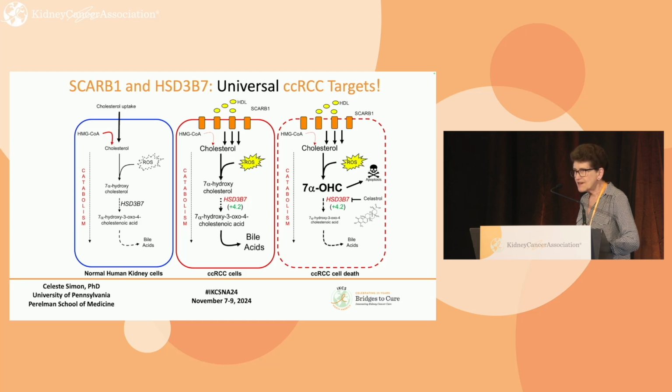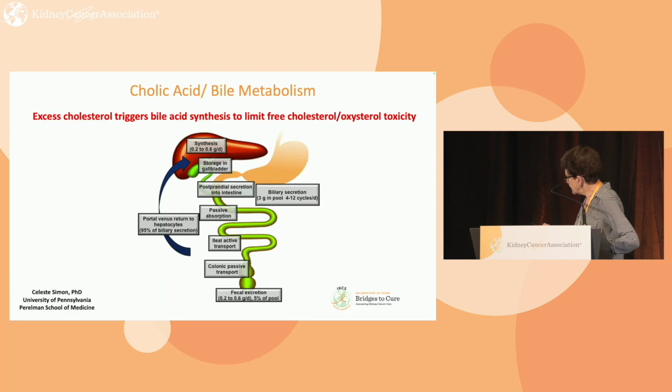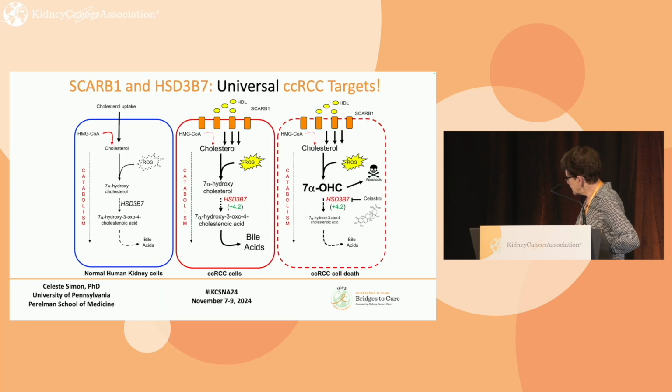It has a long, terrible enzymatic name. It's a sterol dehydrogenase, so I'll just call it HSD3B7. And the reason why the tumor cells are so dependent on this enzyme is that this is how they deal with the cholesterol-laden nature of the cells, because they're prone to developing these lipotoxic oxysterols.